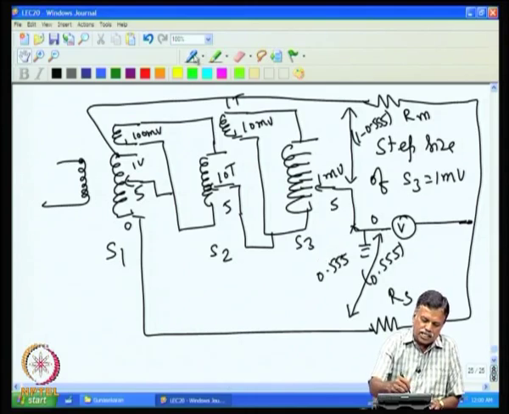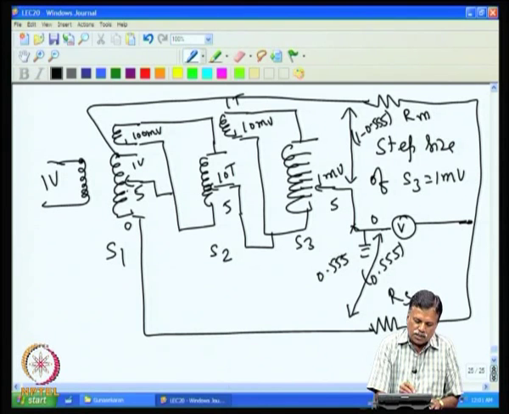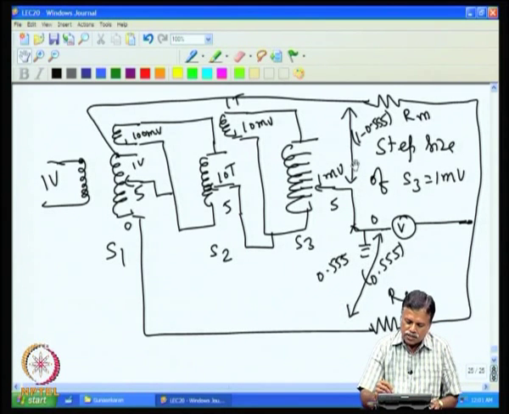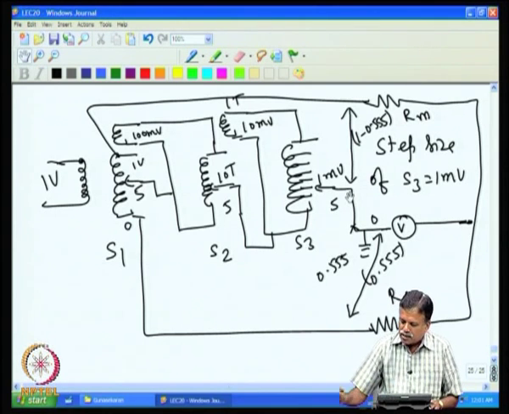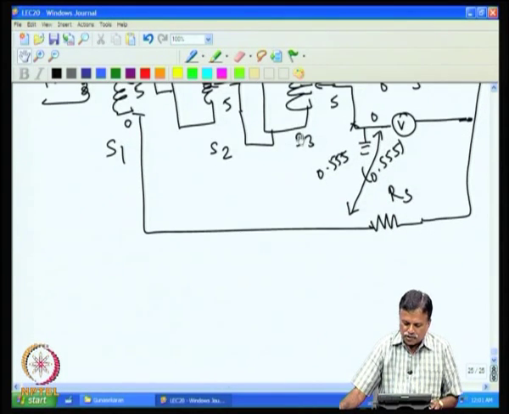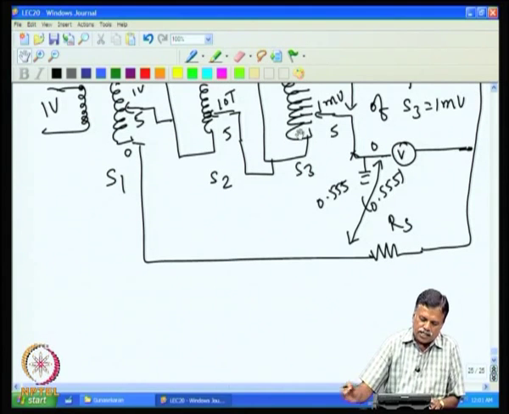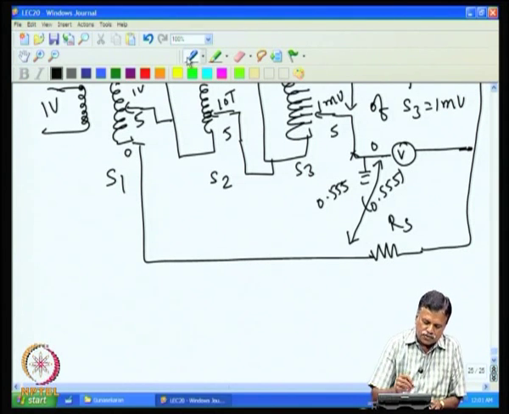Even if the voltage changes, suppose we are given 1 volt here and this voltage changes, then all the voltages change proportionally, and that has no effect on the balance of the bridge. So, even if the excitation voltage changes, that has no effect on the balance.